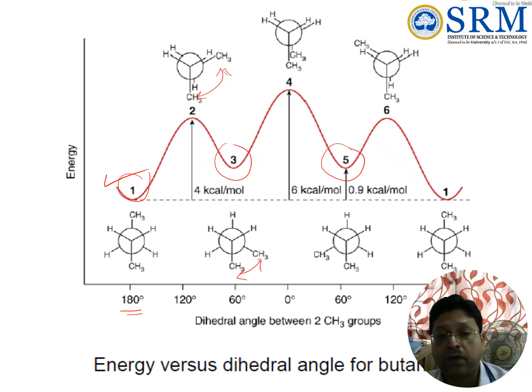And from this baseline to the Gauche conformation, the energy difference is 0.9 kilocalorie per mole. Okay, so we have seen the energy versus dihedral angle for butane, and from the steric repulsion of the methyl groups we can understand what the diagram looks like and what the order of stability of the different conformations or rotamers is. Thank you.